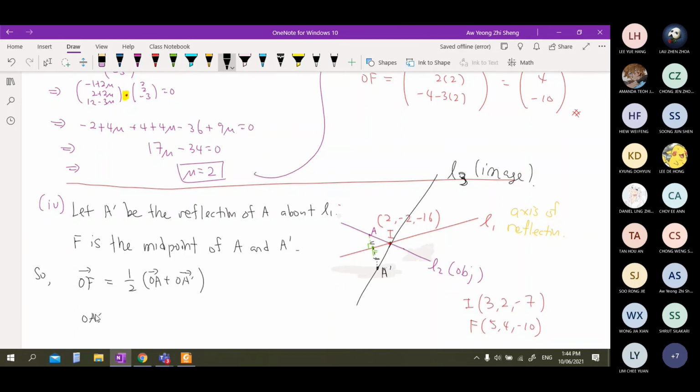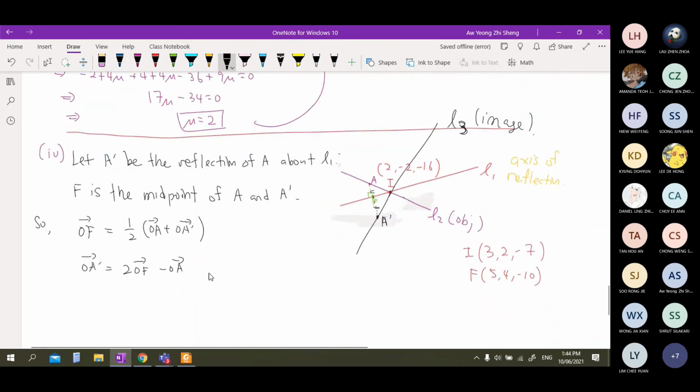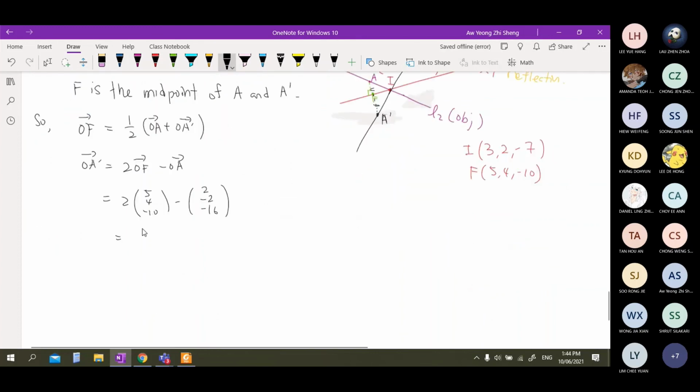After a simple rearrangement, OA prime will be 2OF minus OA, and then you can do your computation. Just be careful in all your computations. 10, 8, minus 20, 2, minus 2, minus 16. That's 8, 10, and minus 4.